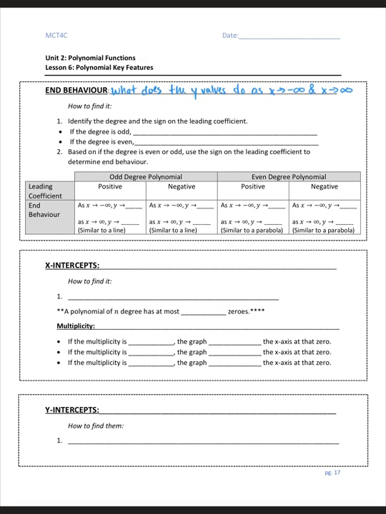But first of all, how do we find it? How do we identify it? So identify the degree and the sign on the leading coefficient. If the degree is odd, the end behavior goes in opposite directions.